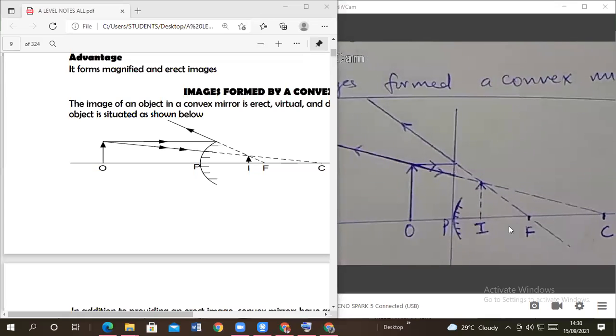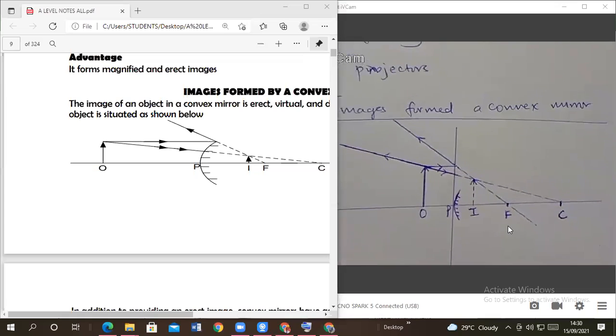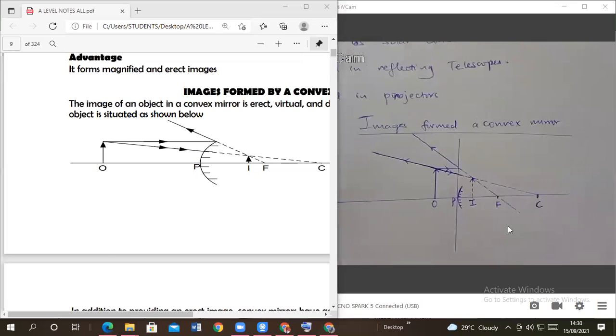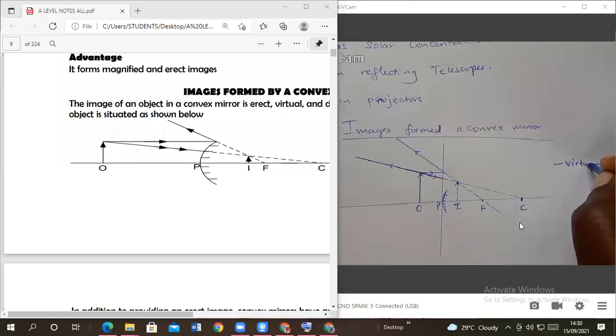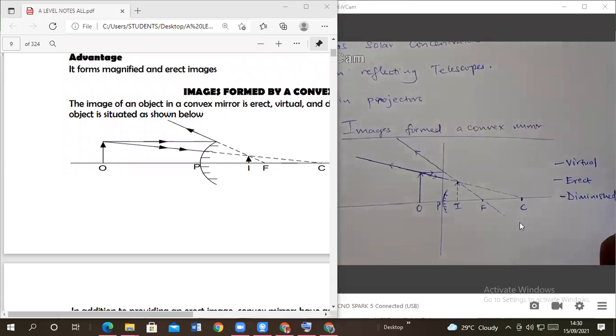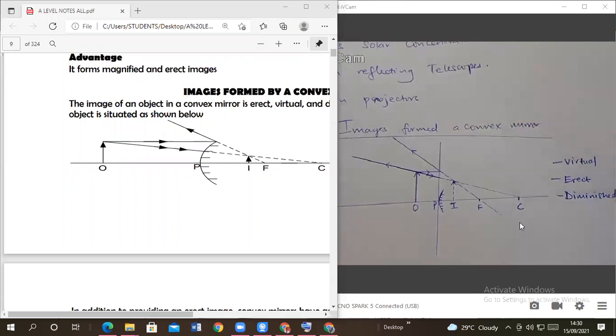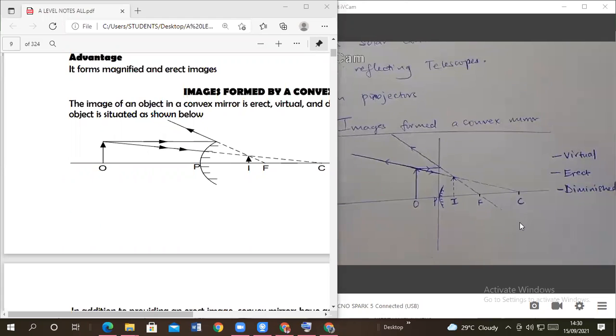No matter where the object is placed, the image that is formed is always virtual. It is upright, or erect, and it is diminished.